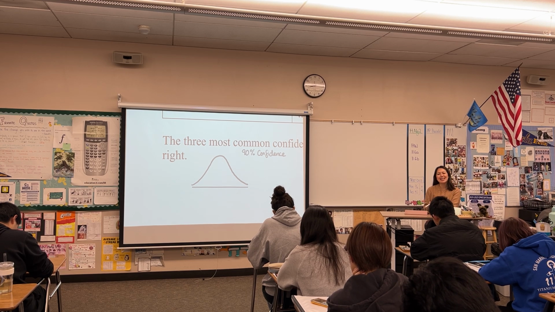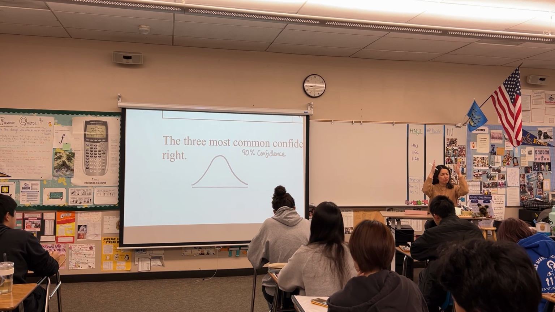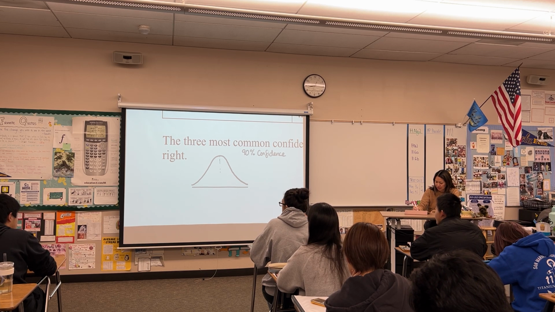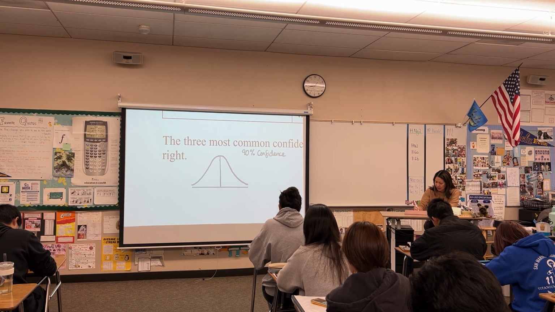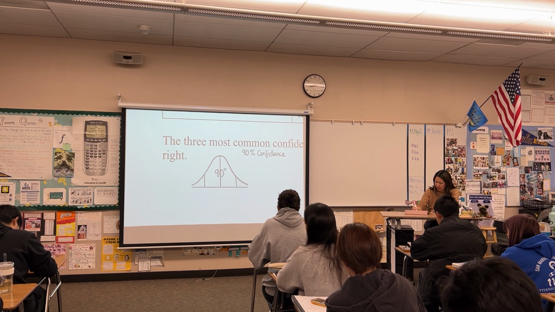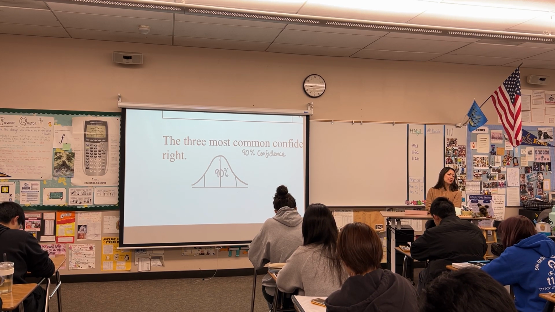What I'm going to do with that 90% is plop it right in the middle of that curve. So this is the center. I'm going to plot my 90% right in the middle.